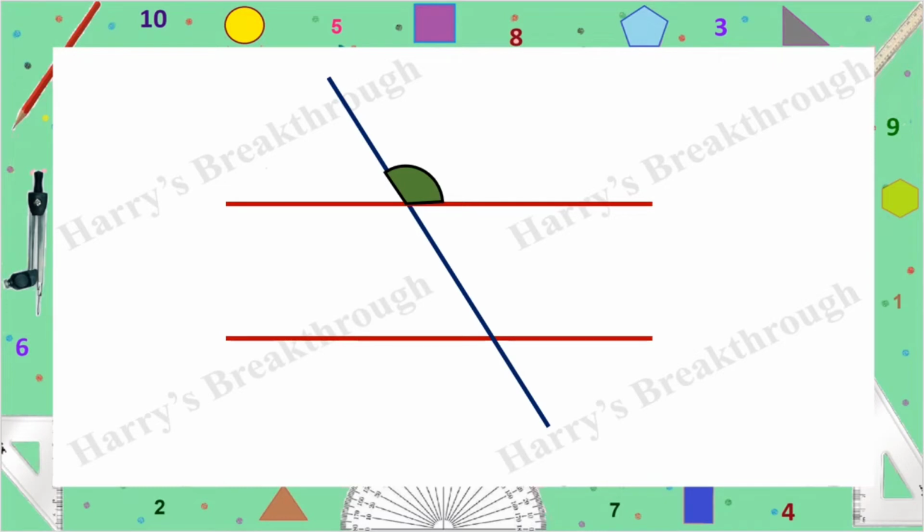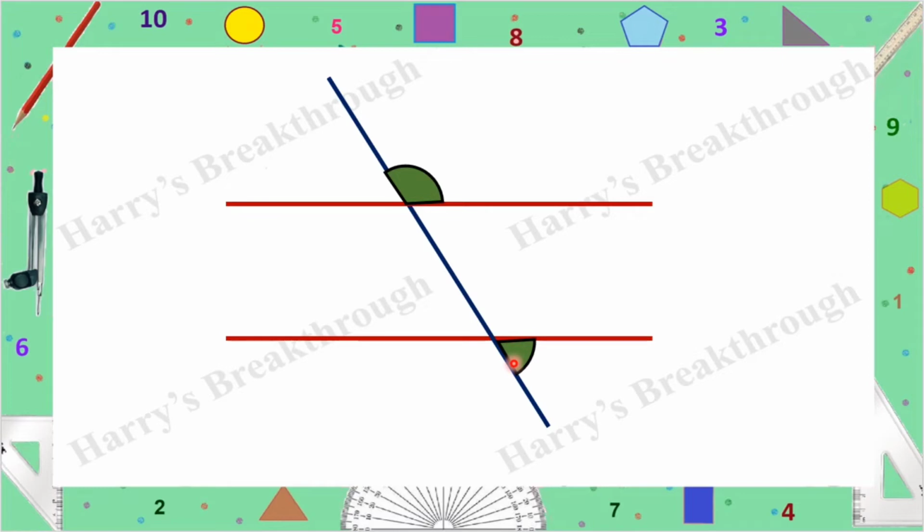Look at this angle. What is the position of this angle? It is at exterior part of parallel lines and right side of cutting line. This is its pair, that is, this angle is also at exterior part of parallel lines and right side of cutting line. So this is another pair of angles.